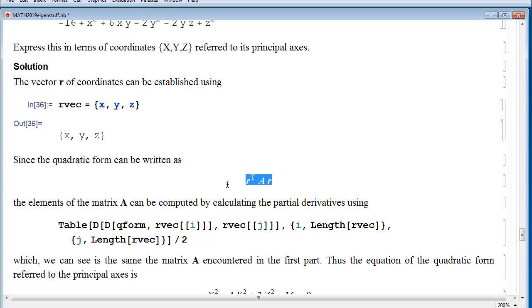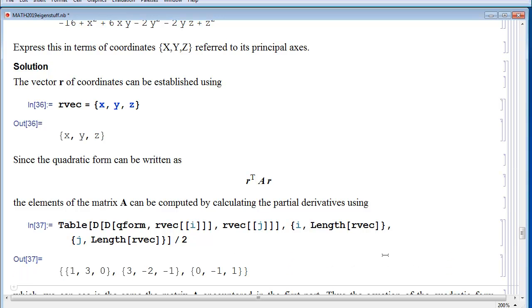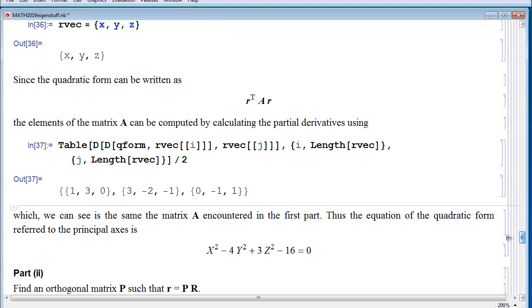And so we take the quadratic form we have above, and we calculate the elements of the matrix A, and we can do that using this. And we can see that this is actually the same matrix as in the first part.